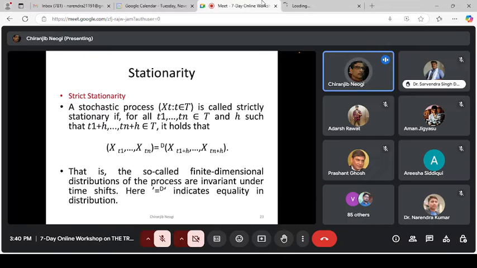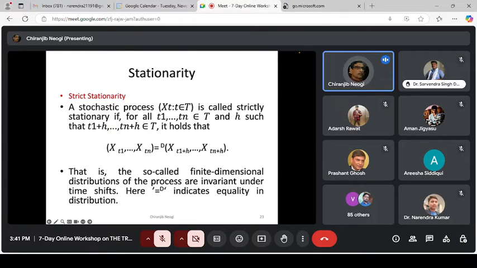So after the lag, if I find that these two distributions are the same, then we call the process stationary. That is, the so-called finite dimensional distributions of the process are invariant under time shift. Actually, we shift the time from t1 to t1 plus h.